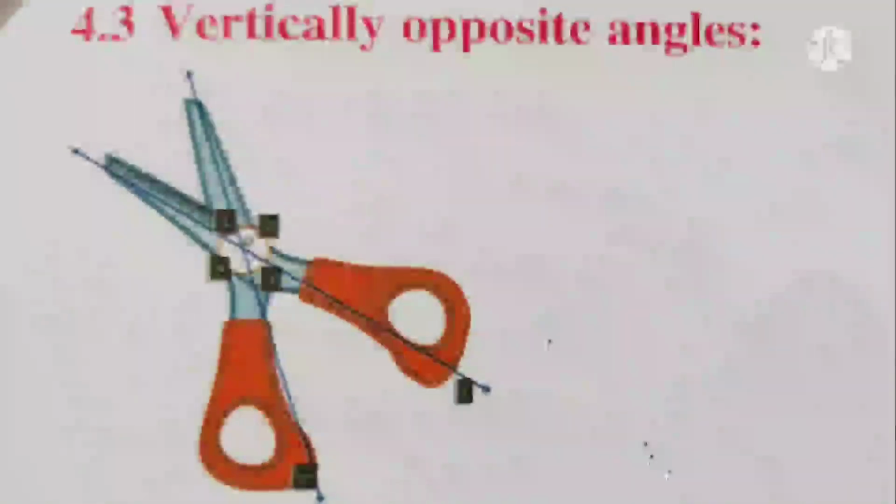Is there any angle which is not linear to angle 1? Yes, it is angle 3, which is exactly opposite to angle 1. So these are vertically opposite angles.